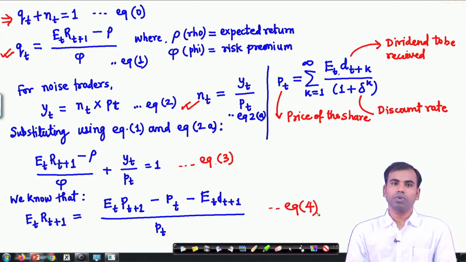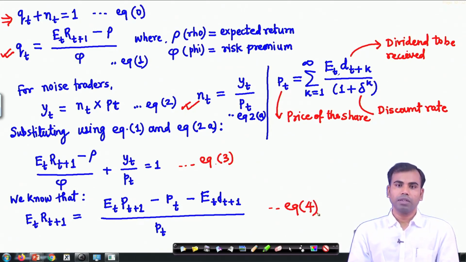So, just to explain this particular function, let us call this equation 4. In equation 4 we define the return expectation of an investor as the capital appreciation and the dividend income. We have already discussed in one of the previous sessions that when you invest in a share of a company, you expect some dividend during the holding period, and at the same time you also expect that if you are going to sell that share in future, you get some capital appreciation.